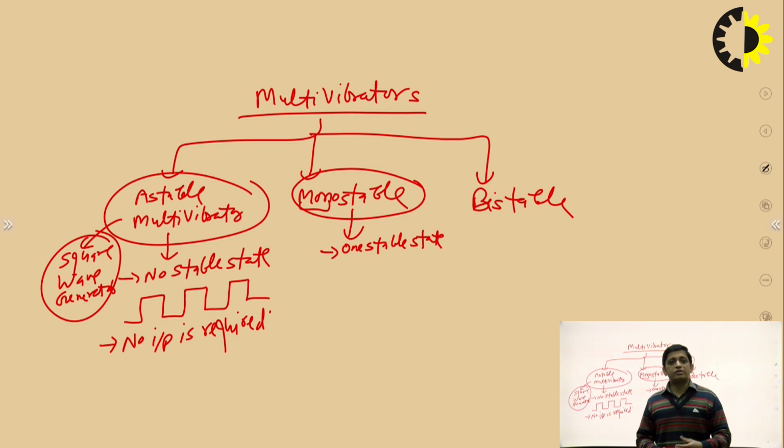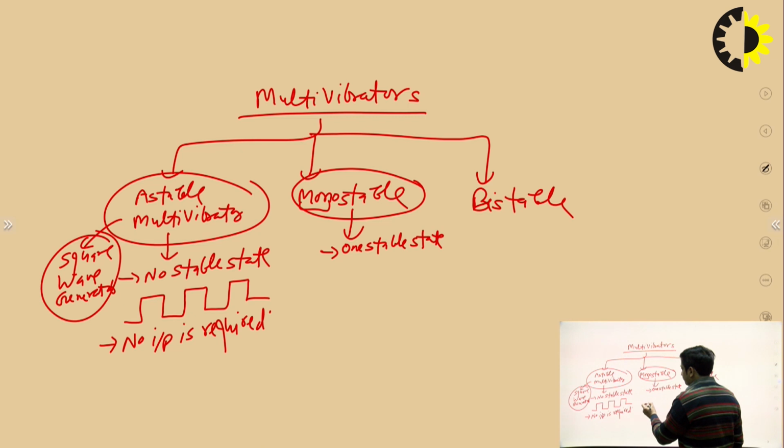So, what is the function of the monostable multivibrator? The function of the monostable multivibrator is that it is used to generate a pulse of a particular duration.